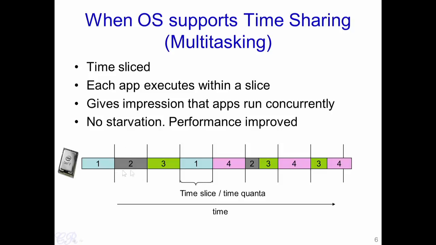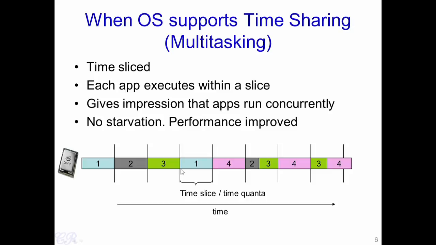After some time, the processes could continue to execute from where they had stopped. For instance, process 1 had executed till its time slice, and after some time, based on some decisions by the operating system, process 1 would be given the CPU again to execute.